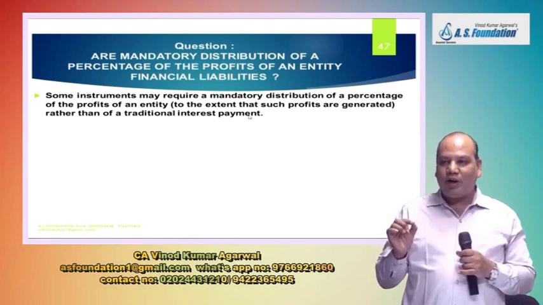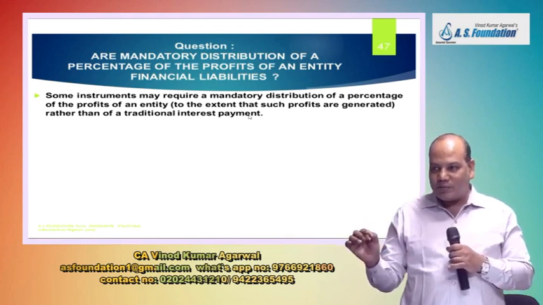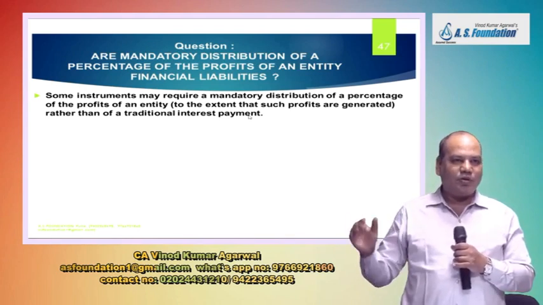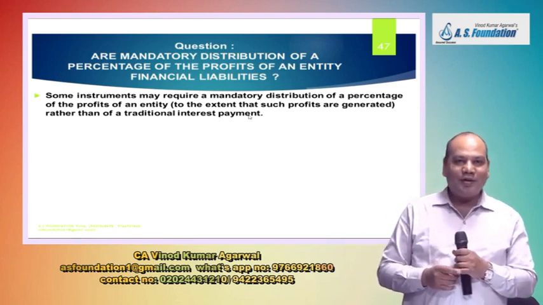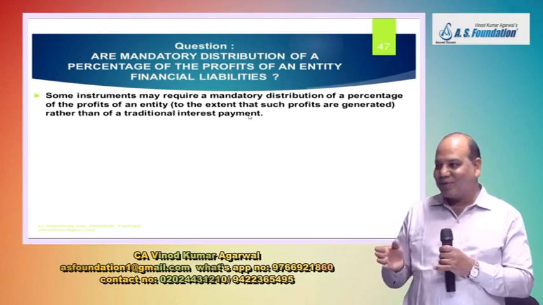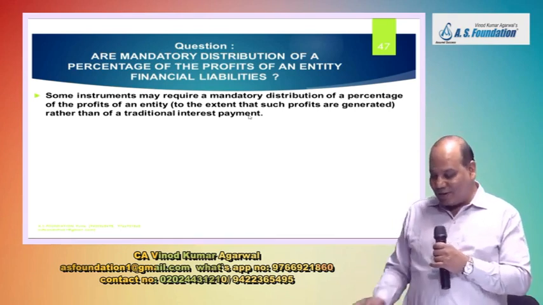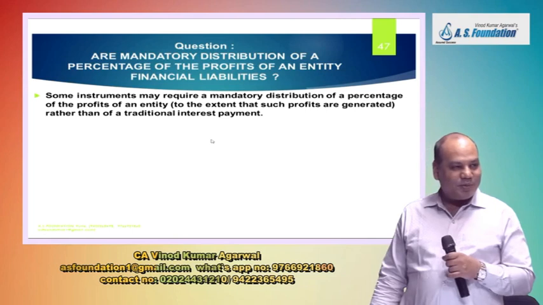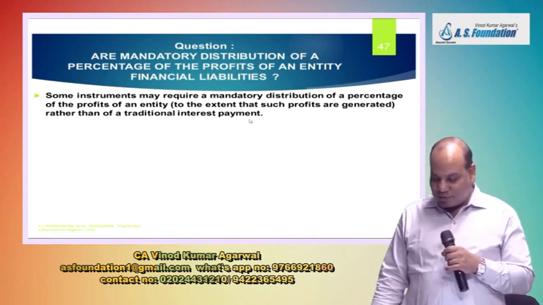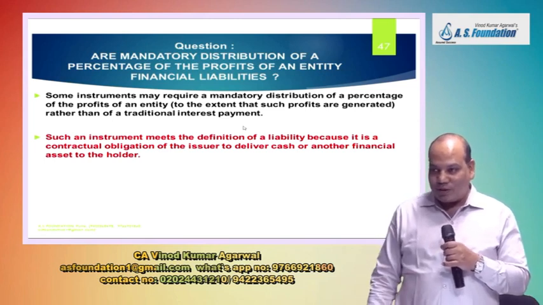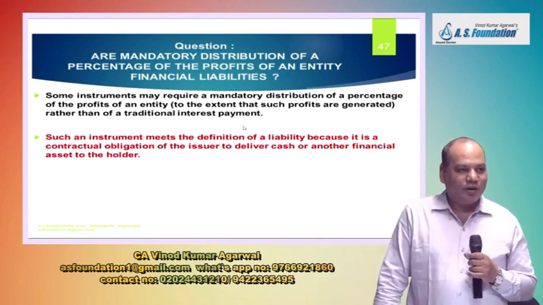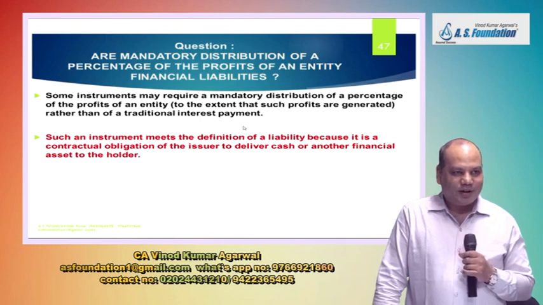Can we avoid making the payment of this amount? Yes, if we continuously make losses. Of course, you will not do that. You are a businessman. Just to avoid interest payment, you can't suffer losses. So the moment you have profit, you have an obligation to pay the profit share to the investor in cash.